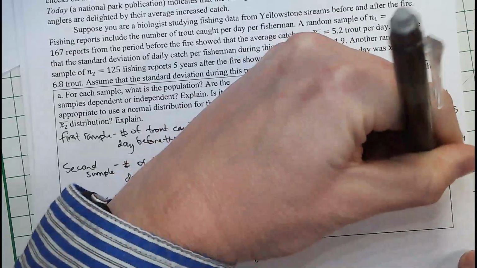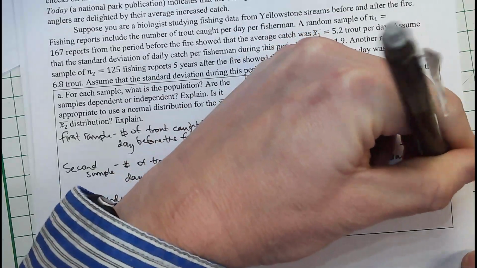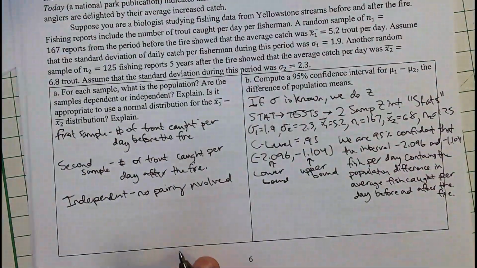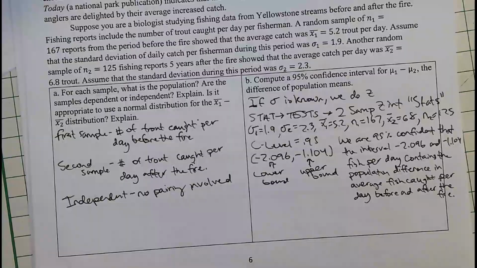That's a lot of writing, I know. We're 95% confident the interval negative 2.096, negative 1.104 fish per day contains a population difference in average fish caught before and after.